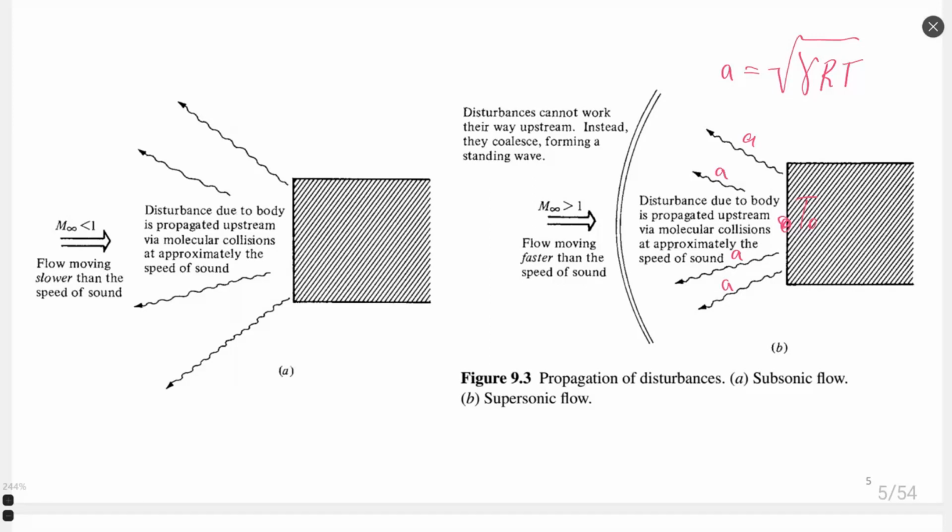So here at this point, speed of sound will have its maximum value, and when we are going far from this body, we will have some other temperature which is significantly different from the temperature on the body, and the propagation of sound waves in this region is different. So I think it's more or less clear.